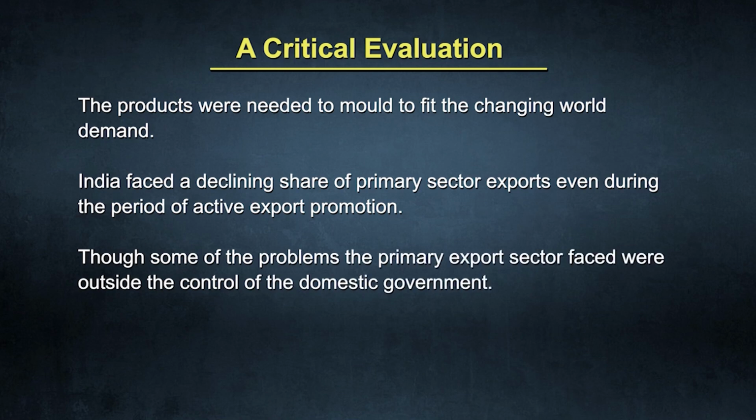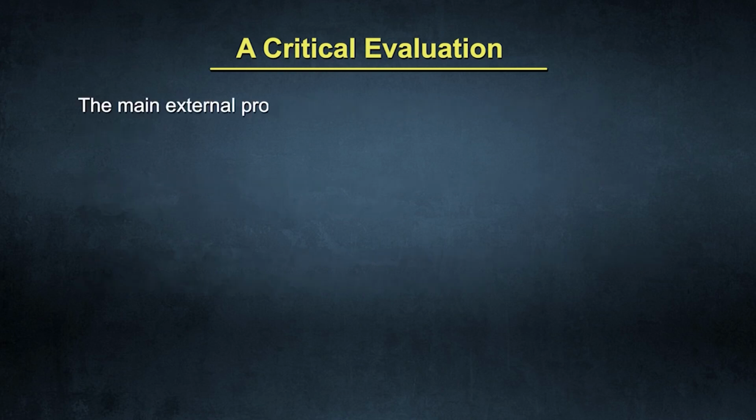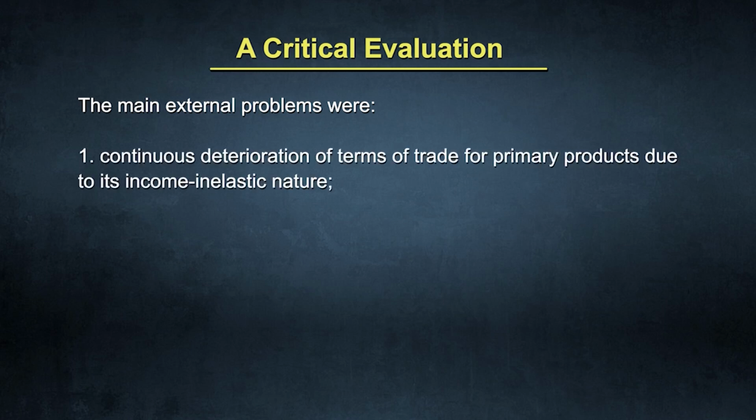Though some of the problems that India faced during that period were out of the control of the domestic government. And the main external problems at that time were, first, the continuous deterioration of the terms of trade of the agricultural products due to their income inelastic nature.